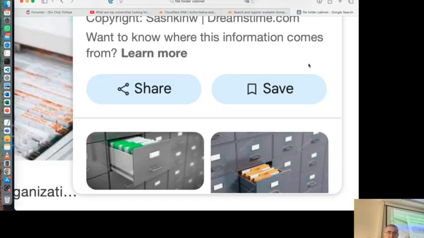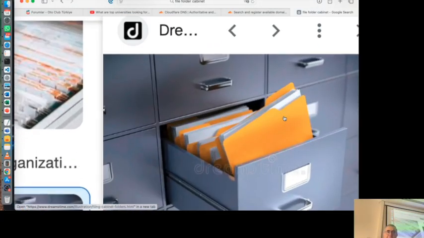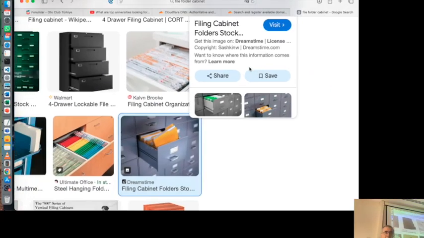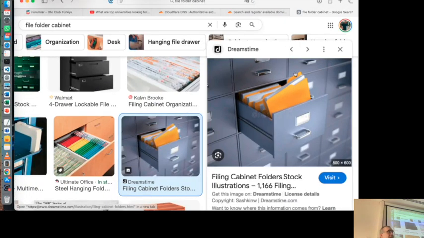These folders have raised edges like this, so that you can put stickers and you can write on them, and as you are searching you can see what was in the folder.